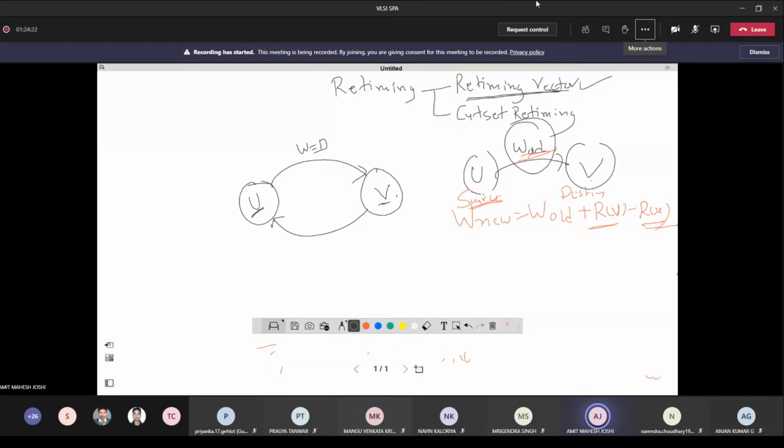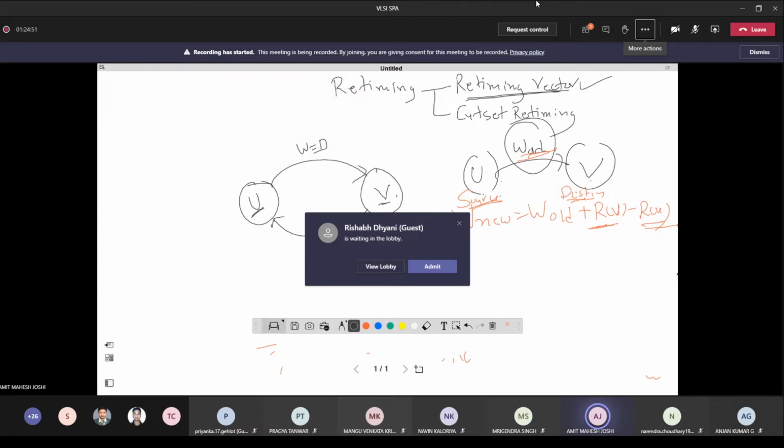Good. So what was the point I was talking about: when I write down this equation for a retiming vector, over there RV is there minus RU. So what this says is destination node retime value minus source node retime value. As the data is being produced at U and passed to V, V is my destination node and U is my source node.